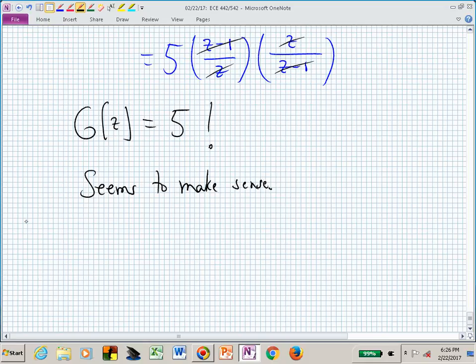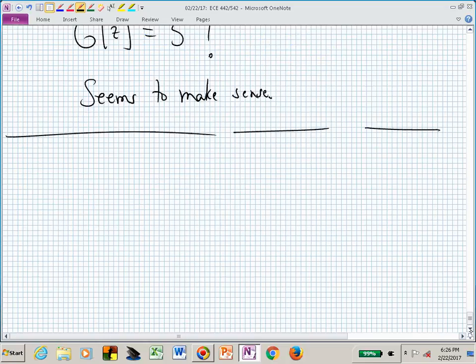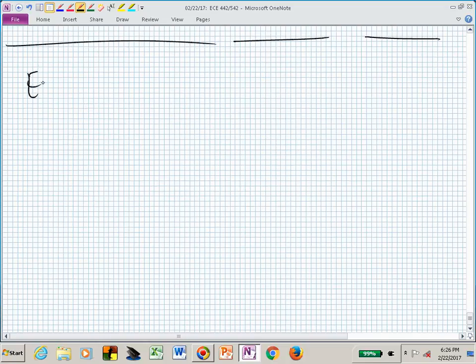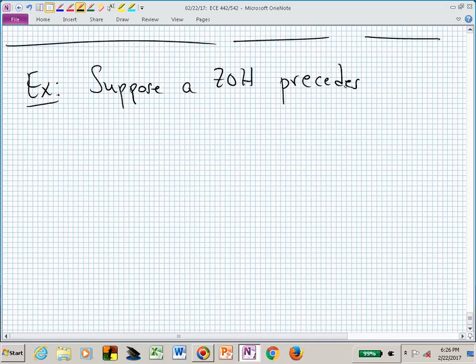Let's go up a notch. Let's now look at a zero order hold equivalent, or suppose zero order hold precedes a pure mass system.